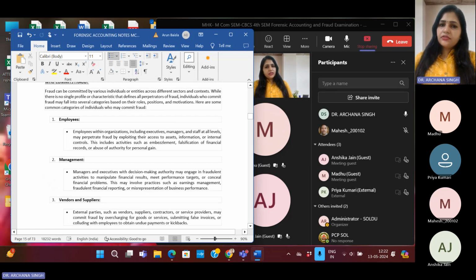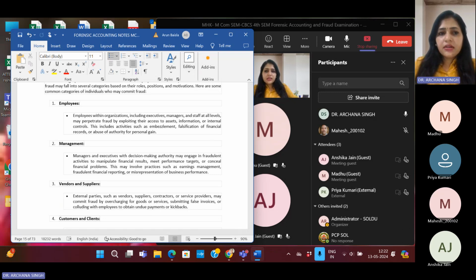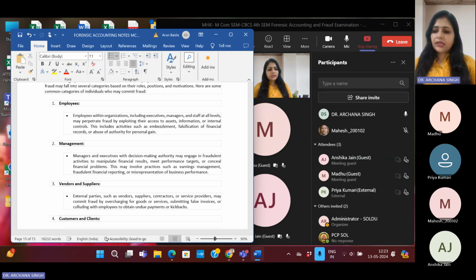It includes executives, managers, staff at all levels who may do the fraud by exploiting their access to assets, information, internal control. These include activities like falsification of financial records or abuse of authority for personal gain or embezzlement, all these activities.